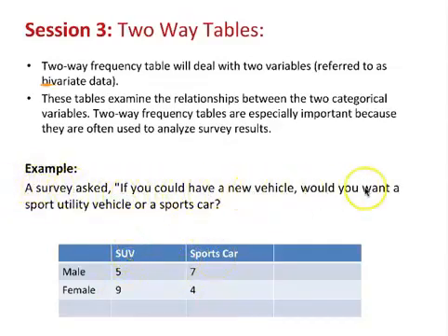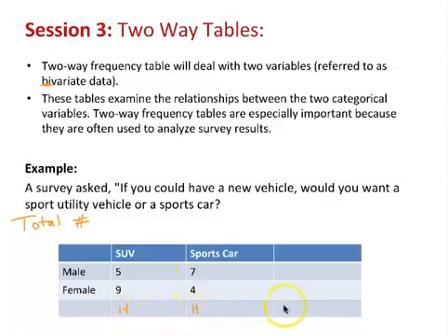So if we were looking at this table, what I was going to ask is, can you determine the total number of people surveyed? Well, sure. Let's first find all the totals. We can find the total number of people who'd want an SUV: 5 plus 9 is 14. And then the total number that would want a sports car would be 11.